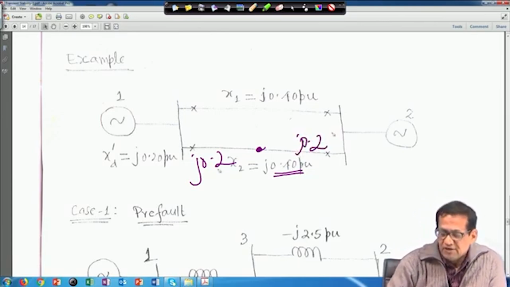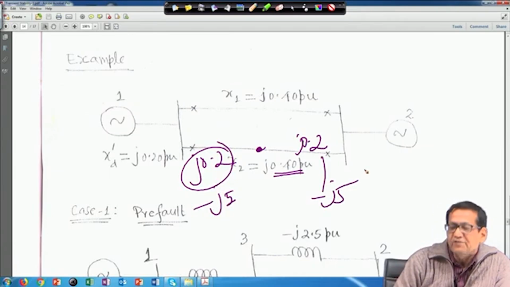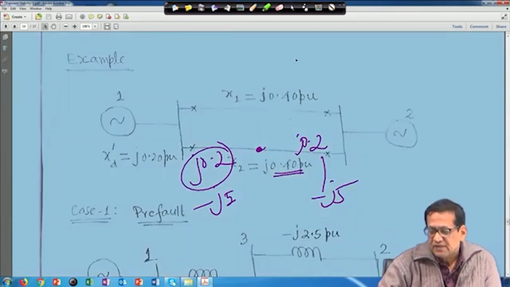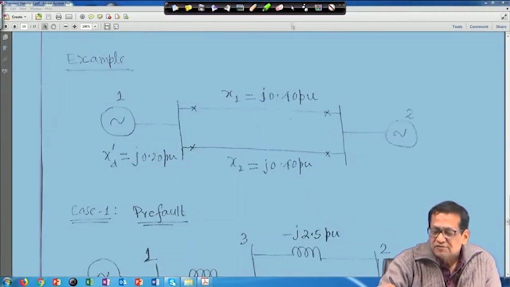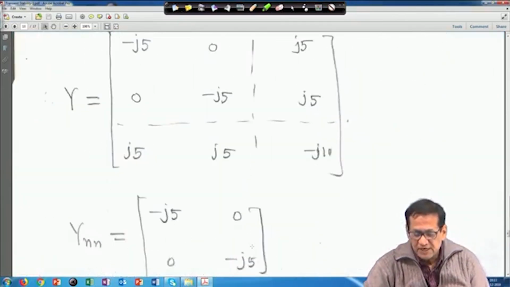When the fault has occurred and we represent it by admittance, this will be minus j5 and this side also will be minus j5 per unit. That means this is your diagram when the fault has occurred.